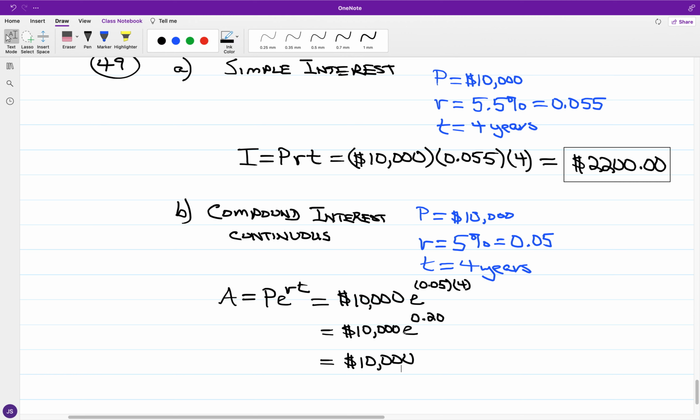So e to the 0.2, I have right at 1.2214.